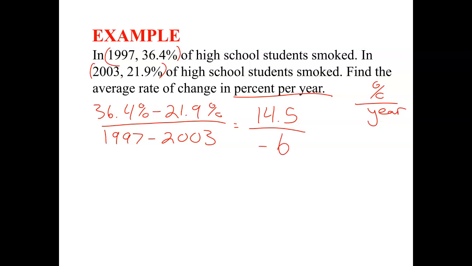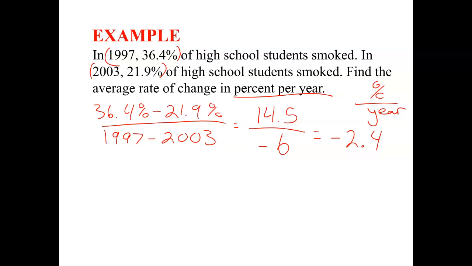Okay, does this give me percent per year? That gives me 14.5% over 6 years. What can I do to find the percent per year? Go ahead and do that division. 14.5 divided by negative 6 gives me what? Negative 2.416.